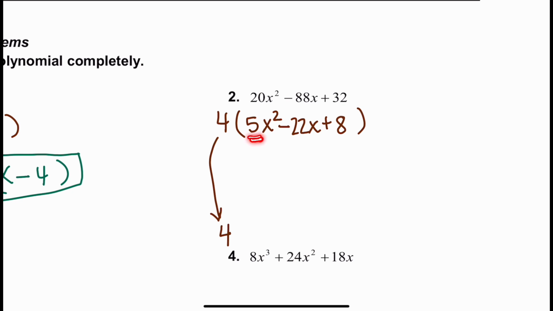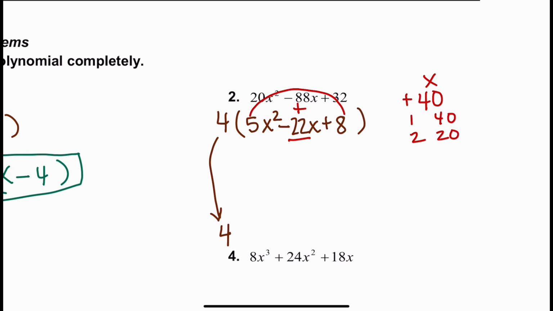Now I have a 5 here. That is a number that's bigger than 1. So I'm going to multiply 5 and 8 to get 40. And then I want to find 2 numbers that multiply to 40 and add to negative 22. So 1 and 40, 2 and 20. And if I add 20 and 2, I'm getting 22, but I want a negative 22.